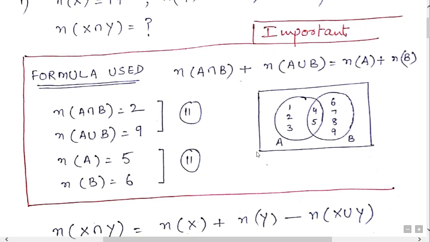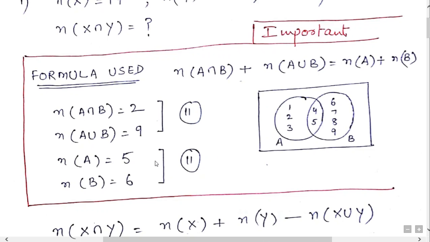Let us prove this. Suppose set A is 1, 2, 3, 4, 5 and set B is 4, 5, 6, 7, 8, 9. Clearly n(A intersection B) has 2 elements, n(A union B) has 9 elements. But n(A) has 5 elements and n(B) has 6 elements.